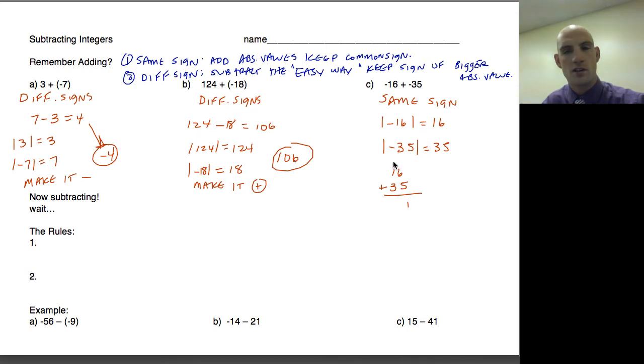We regroup. 1, 2, 3, 4, 5, 51. And we're going to keep the common sign. And so that means it's going to be a negative 51 as our answer, because both of them are negative. All right, so that's the process.